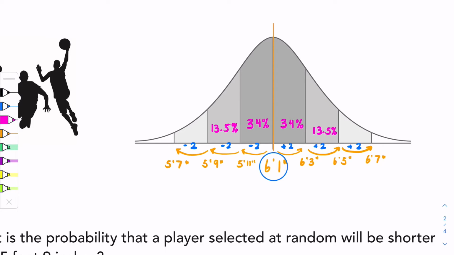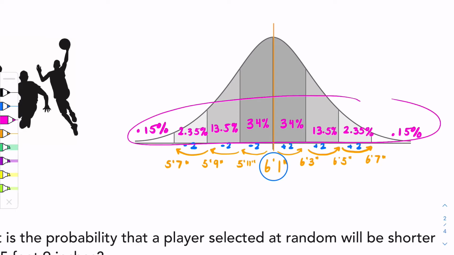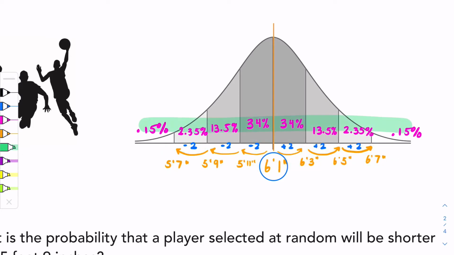Within 3 standard deviations, we're talking about 2.35% of the data. And then we have 0.15% leftover data after our 3 standard deviations. So these numbers never change. You fill in the information specific to your problem, and you use your percentages on the normal curve.